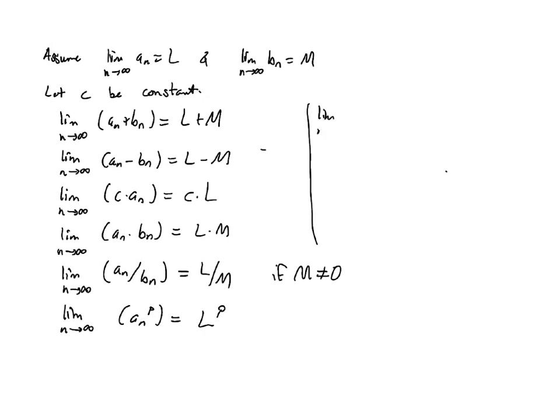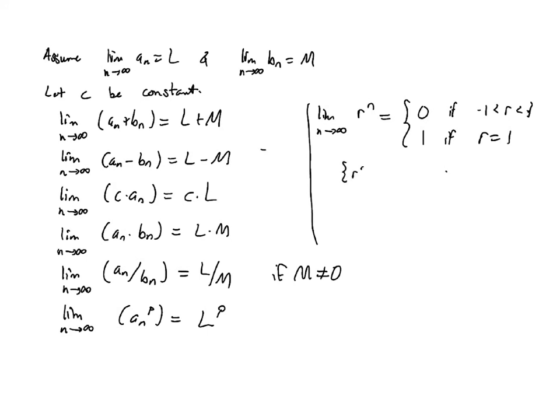So the limit as n goes to infinity of r to the n, right? So here r is some fixed number and I'm raising it to a power, and this will sometimes have a limit. So this limit will be 0 if r is between plus or minus 1. It will be 1 if r equals 1. Of course, the powers of 1 are just 1. And these are the only conditions under which that sequence converges.